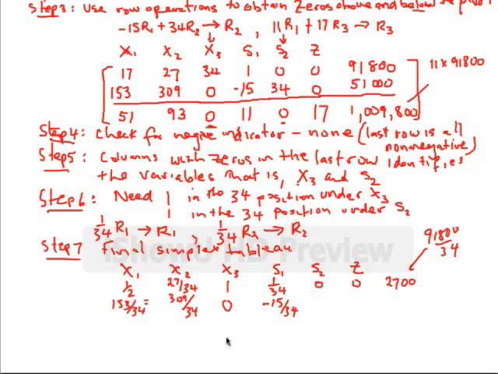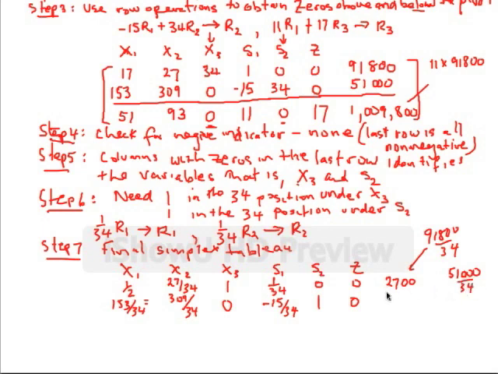Okay. And we're going to have here 34 divided by 34 is a 1, which is what we're looking for. A 0 divided by 34 is 0. And then we have 51,000 divided by 34.